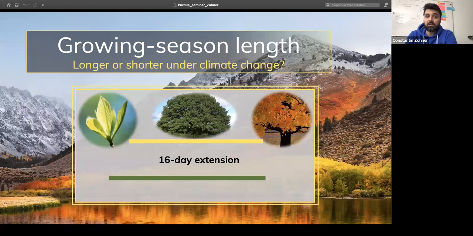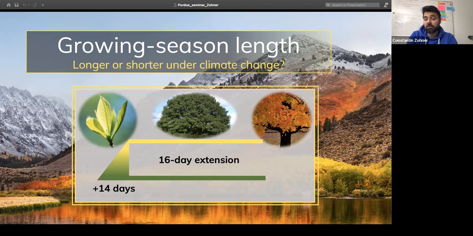So then we can actually look at what's really happening when it comes to autumn phenology. What I already said for spring is that we see a strong advance in spring phenology. On average, this is data for Europe, for European trees, and over the past 70 years, spring leaf out has been advancing by approximately 2 weeks.